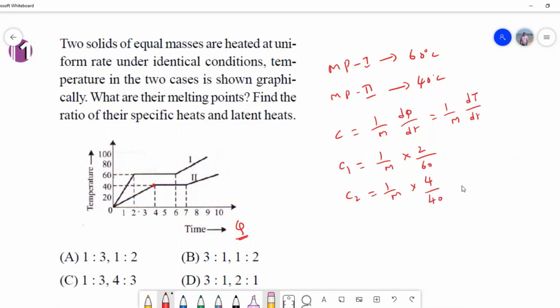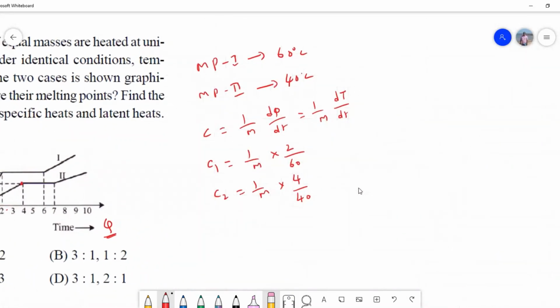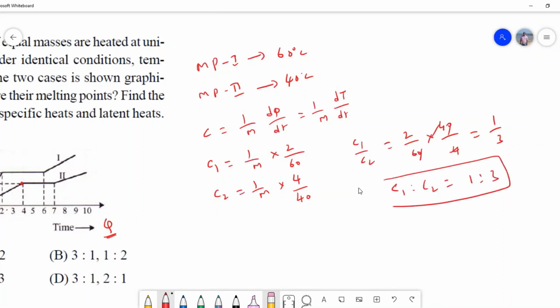Now you need to take the ratio of those two. So C1 upon C2 is equal to, 1 by m cancels, 2 by 60 into 40 by 4. So 0, 0 cancel, 4, 4 cancel. So I think it is 1:3. So C1 is to C2 is 1:3. This is the ratio of specific heats.